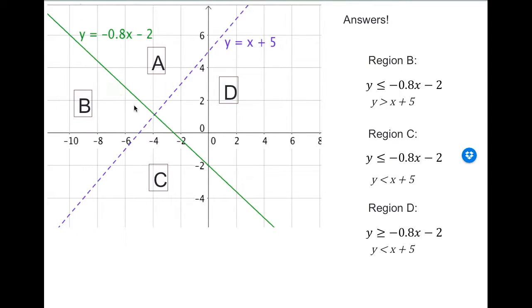For region B, you should have got that the green line is less than or equal to, and that the blue line is greater than. For C, your inequality for the green line is less than or equal to, and for the blue line, it's just less than. And finally, D, your green line is greater than or equal to, and your blue line is less than.